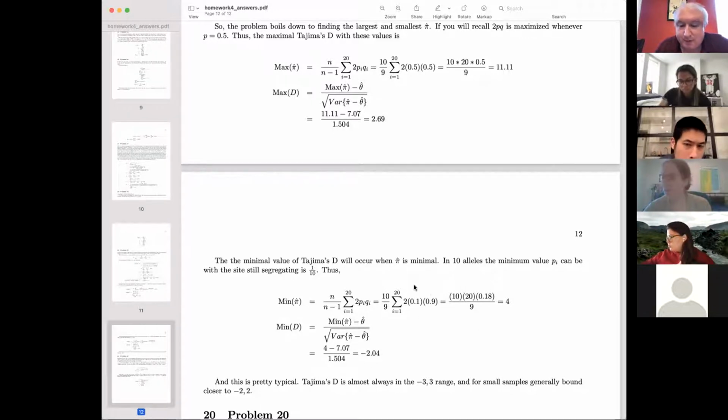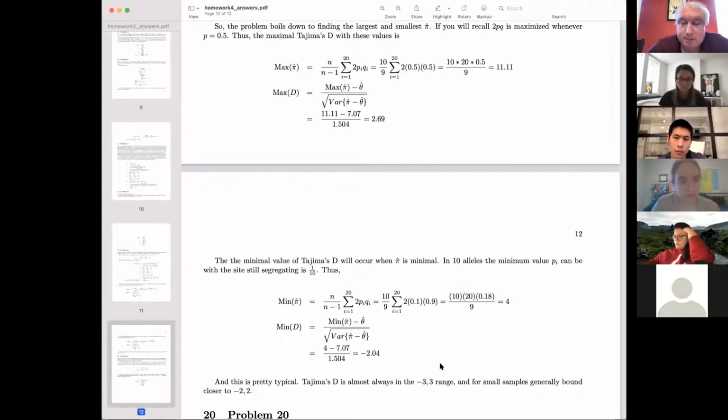It doesn't really matter. And my minimum estimate of pi looks like, again, this is 0.1 times 0.9, times 2, we get 0.18, 20 sites, 10 over 9. Apparently that's the number 4. Okay, so the minimum Tajima's D is equal to 4 minus 7 over 1.5, which is minus 2. The maximum was 11 minus 7 over 1.5, which was 2.7.